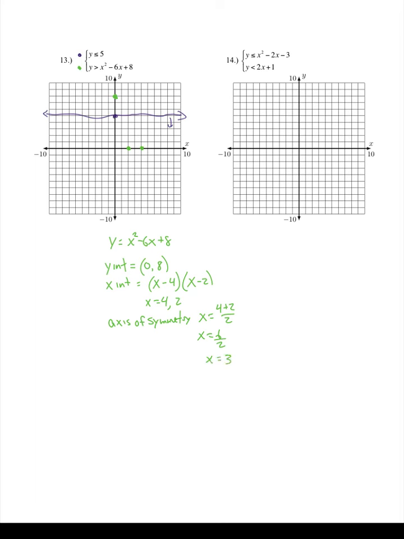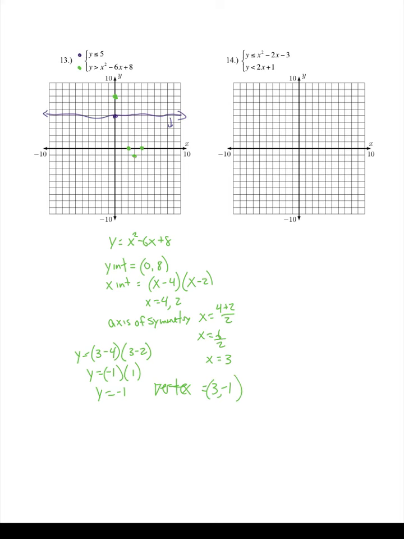We can plug 3 back into the original equation to find y. Or we can use the factored form. So 3 minus 4 is negative 1, 3 minus 2 is positive 1. So our vertex is at 3, negative 1. We can plug that in.